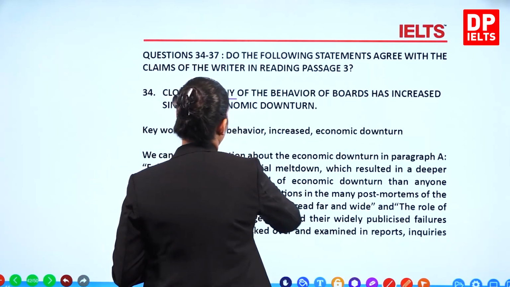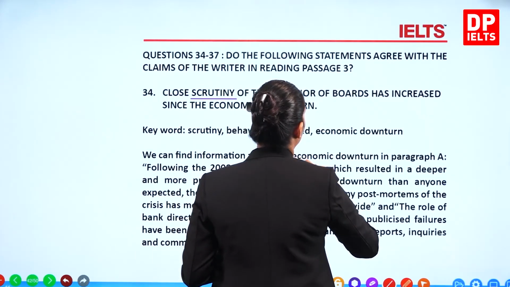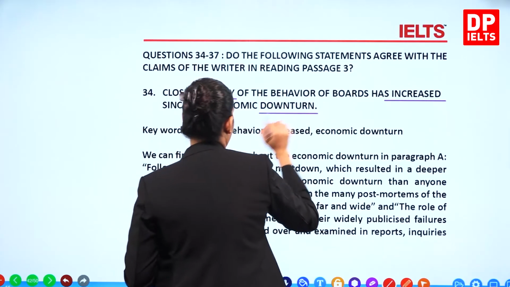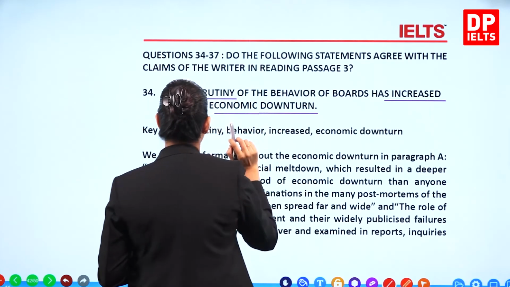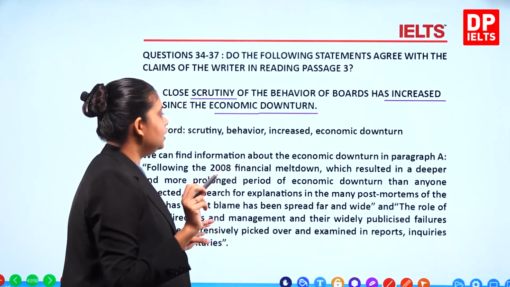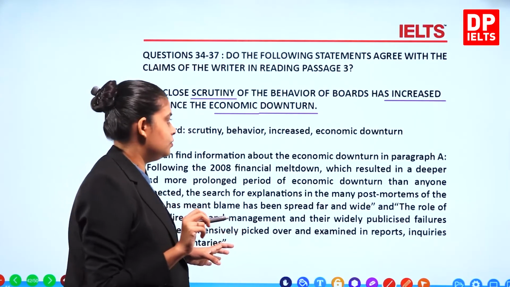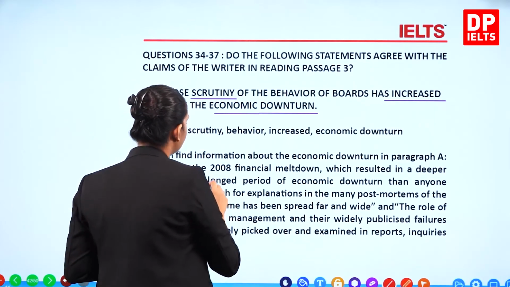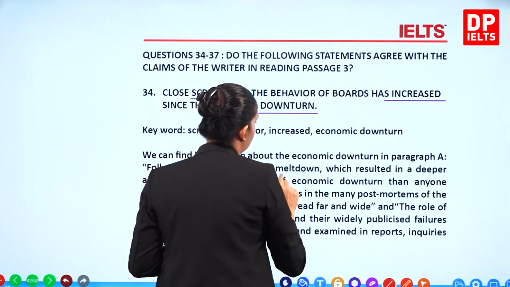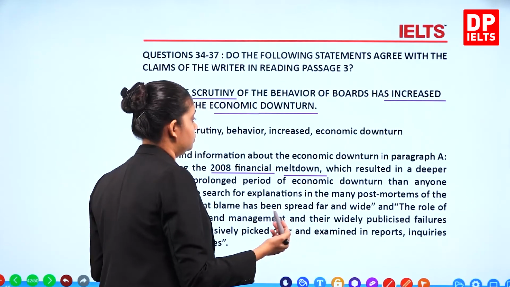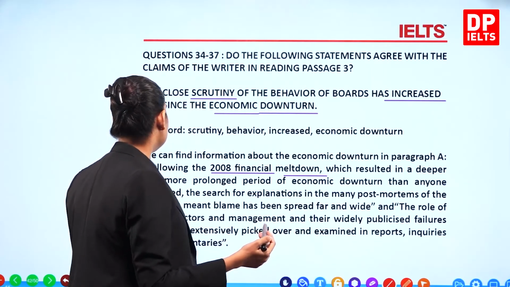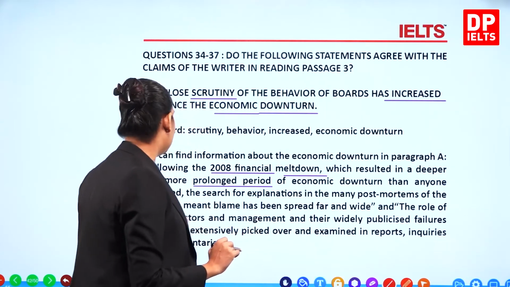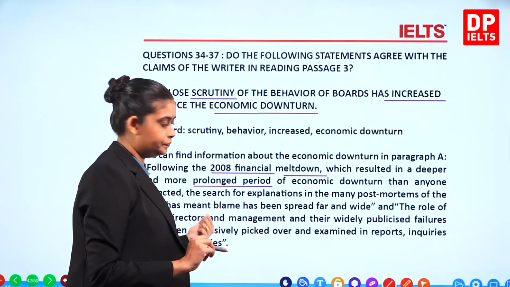Close scrutiny of the behavior of boards has increased since the economic downturn. Okay. So we can find information about the economic downturn in para A. It says, following the 2008 financial meltdown, that is a downturn, which resulted in a deeper and more prolonged period for the economic downturn than anyone expected.